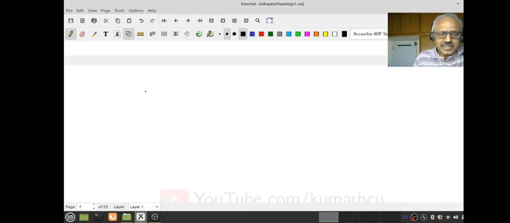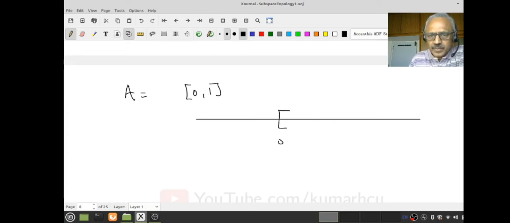Now let's look at another example. Suppose I take A equal to, let's say, [0, 1). So this is my 0, this is my 1.